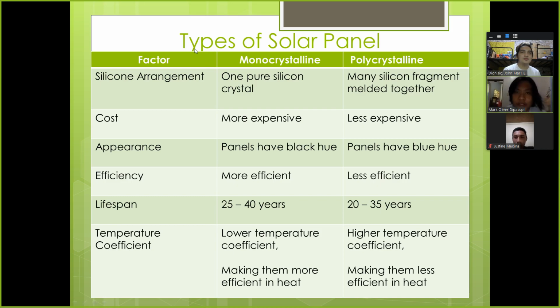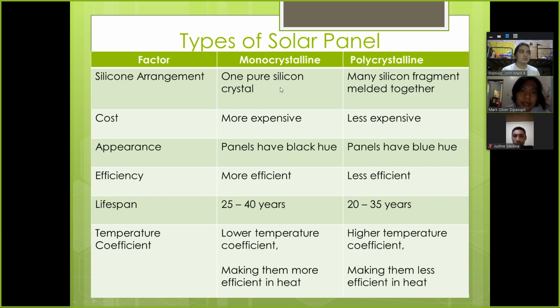So, for the solar panels, meron tayong dalawang types, monocrystalline and polycrystalline. From the name itself, alam na natin kung ano yung ibig sabihin. Pag mono, one, poly, marami. So, una yung silicon arrangement. Alam natin, yung pinaka-main component ng solar panel is yung silicon, yun yung pinaka-semiconductor niya.